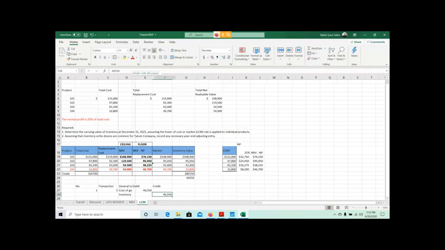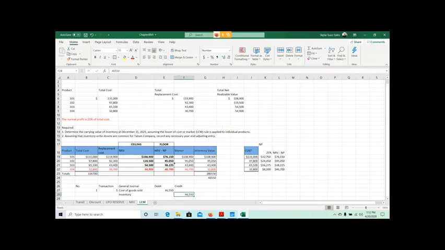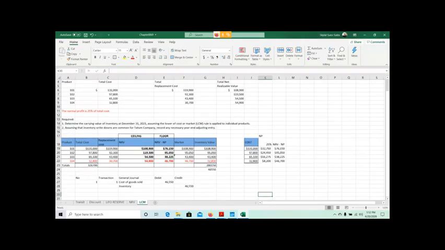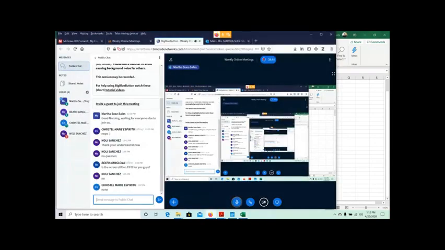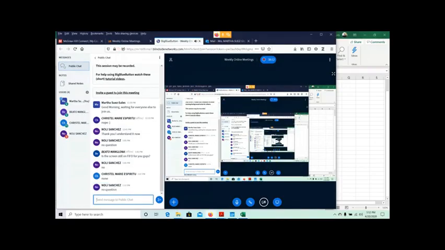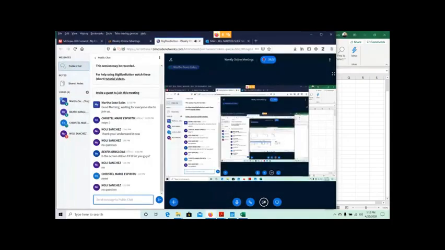Let me just extend this. Debit cost of goods sold and credit inventory for that difference. Any questions? We're still okay? Okay.